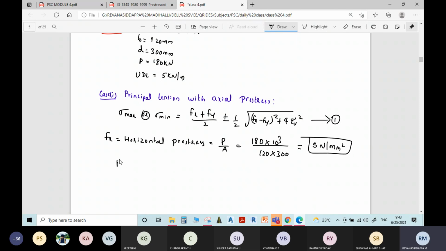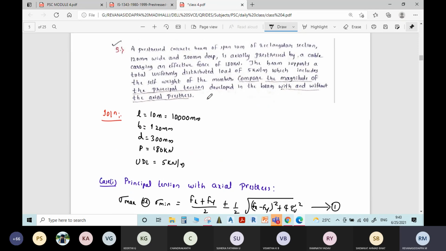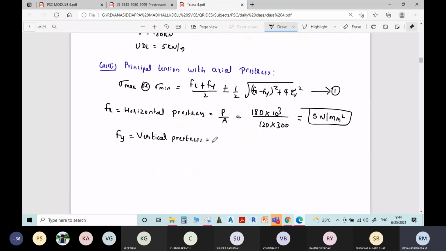Then Fy is nothing but vertical pre-stress. Here in this problem, vertical pre-stress is not given. Okay. Vertical pre-stress or vertical distribution of the cables is not given. It is 0. Fy equal to 0.